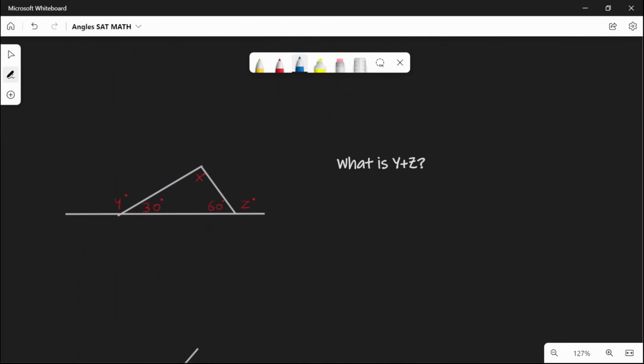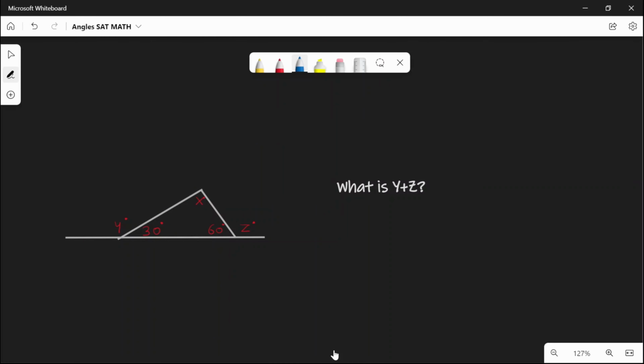Now let's take another example. In this question, what is the value of y plus z? So as you can see, the value of y and the value of z represent the values of two exterior angles of this triangle here. We can solve this question using the second method I showed you, which is y equal to 180 minus 30 and z equal to 180 minus 60.